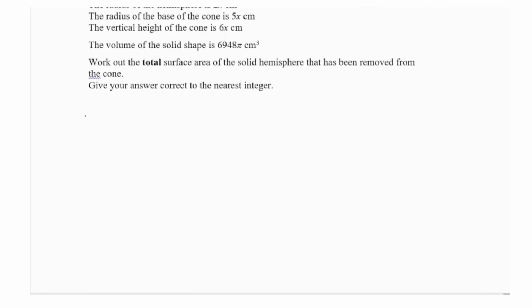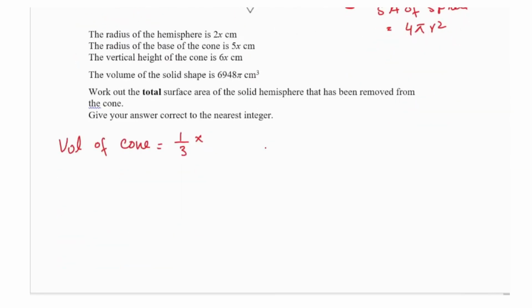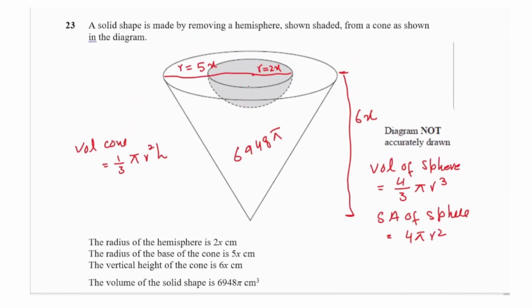Okay, so let's write down individually. The volume of the cone is equal to 1/3 πr²h. Look at here, 1/3 πr²h. What's the value of r? From there to there is 5x.